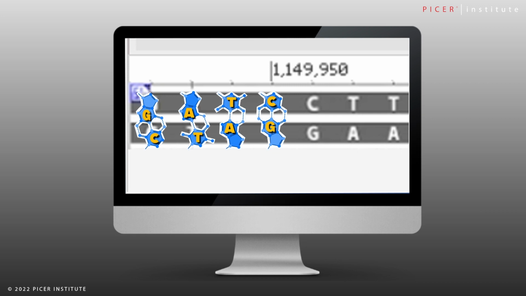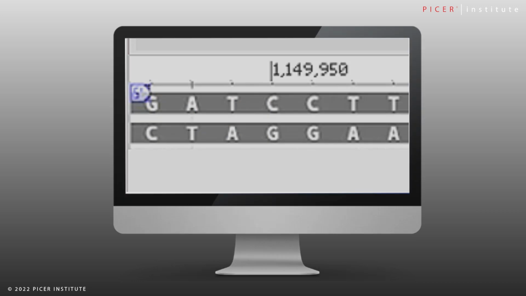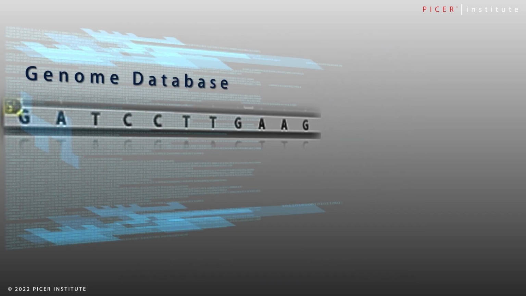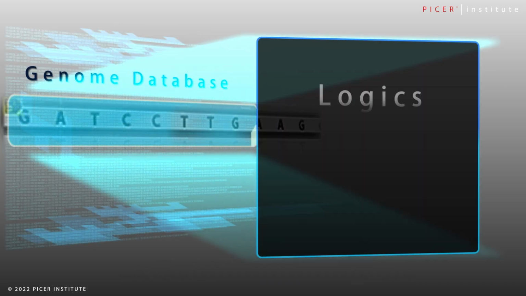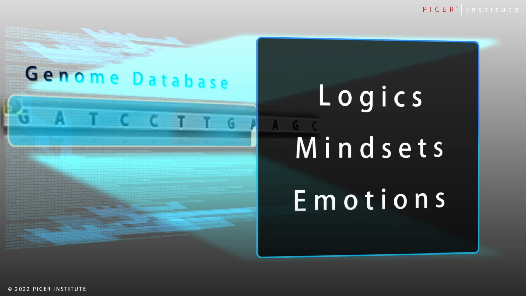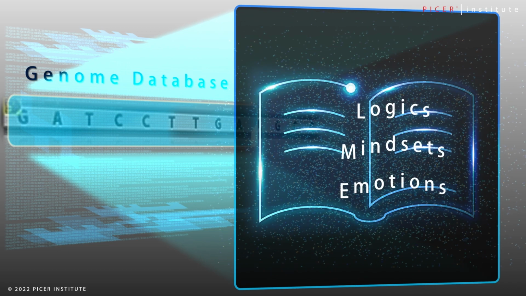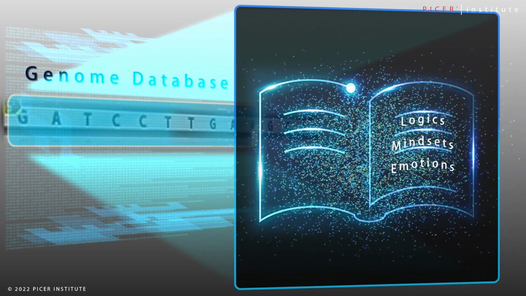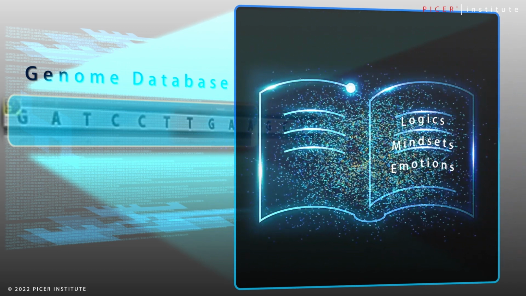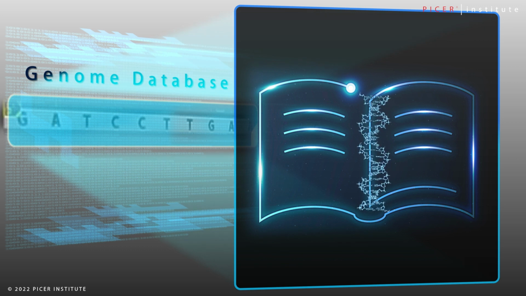Though they write them as letters, it is actually representing the chemical structure similar to what was being shown before. We are able to observe the combination of these nucleobases in seeing what kind of logics, mindsets, and emotions are stored within the DNA in its sequential order, similar to a very, very long storybook of all the experiences that our ancestors have felt. Let us look at the beginning few pairs.